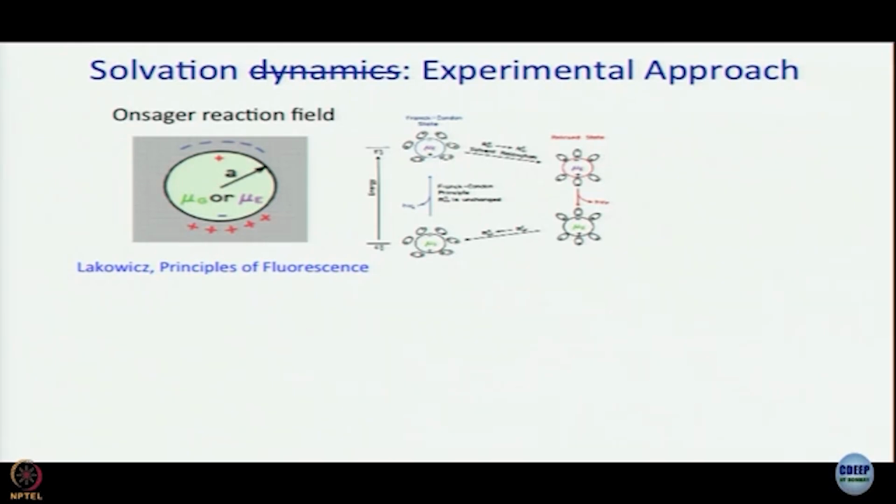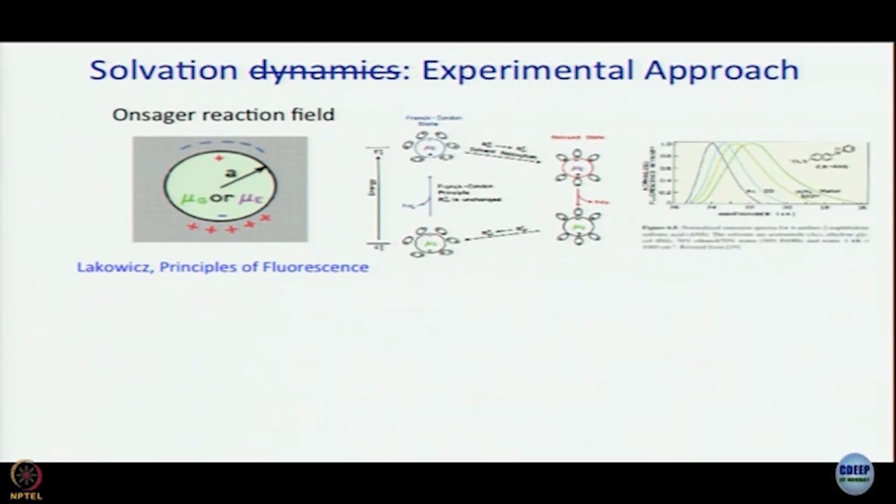So, here Stokes shift provides a way of telling how polar the solvent is, and of course, it will work only when mu e is greater than mu g. So, this is some data using ANS, and you can see how emission spectra are getting redshifted.